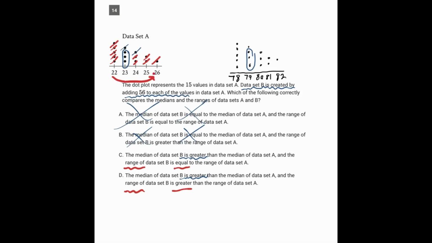So there's a range of 4 here, and similarly a range of 4 here, because the numbers are kind of arranged in the same way. And we don't have to worry about the range changing if you slide every single number over by the same amount. So we want to pick the answer that says that the ranges are equal. And so that is answer choice C.